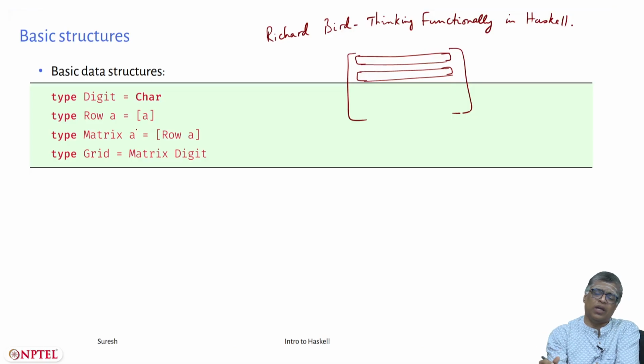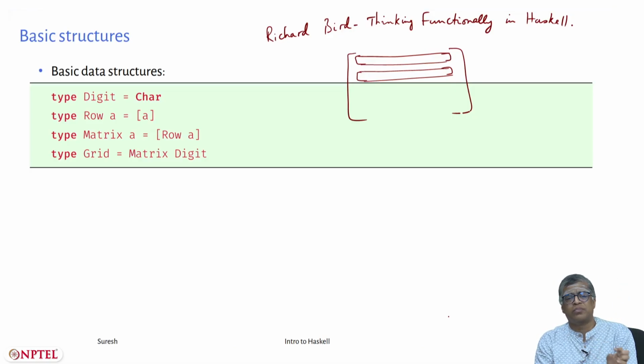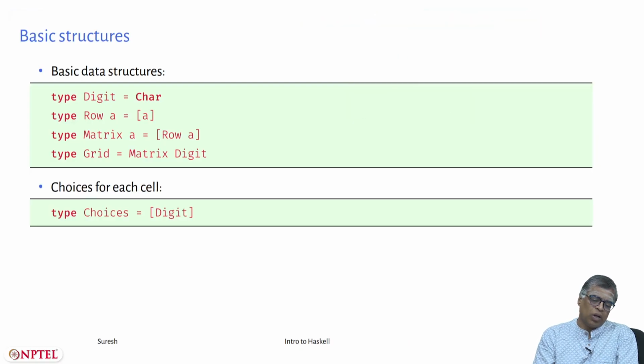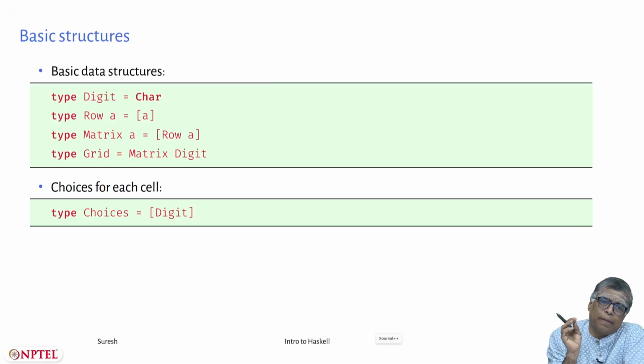So every entry here will be a digit, a character. Of course, we will only allow characters from 1 to 9, and we also need a character for blank, which we will denote by 0 or space or whatever. At every cell in a Sudoku grid, you will have various choices. At any point of time, there are multiple choices possible, and you will have to keep eliminating them one by one.